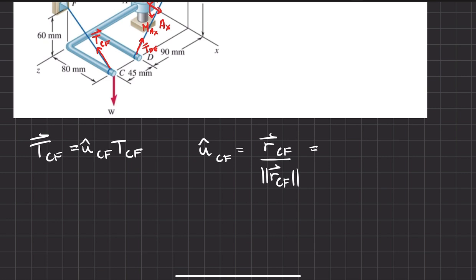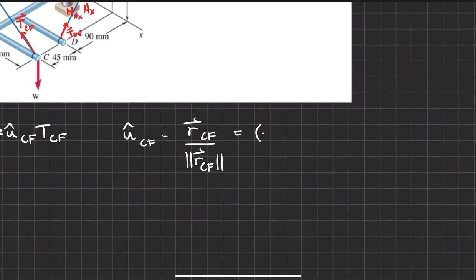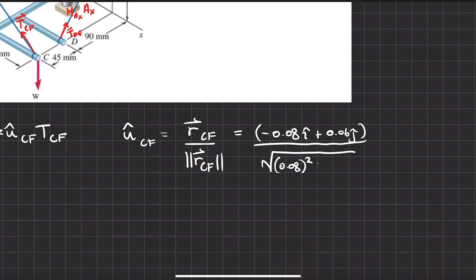That will give us negative 0.08 I plus 0.06 J, and then we take the square root of the squares of those components: 0.08 squared plus 0.06 squared, and that's the unit vector.